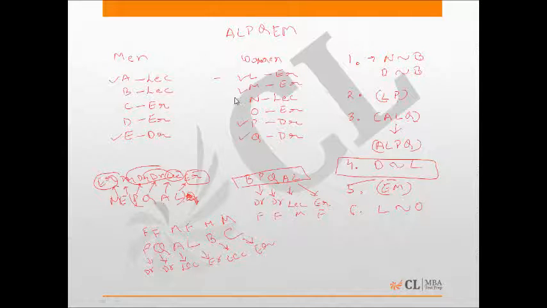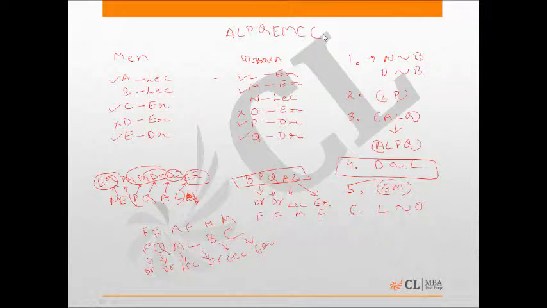Now with L I cannot choose D, and with L I cannot choose O. So D is ruled out, O is ruled out. Now I'm left with B, C and N. C, I know there is no restriction on C, so C I can choose. Now I'm left with B and N. I knew that among B and N, I can choose only one person because B and N together cannot be chosen.